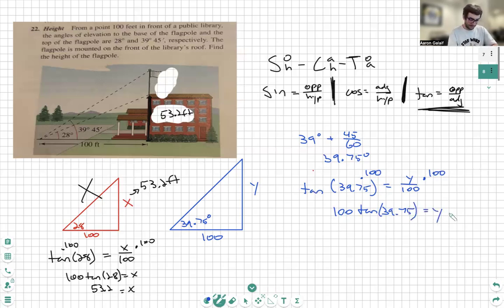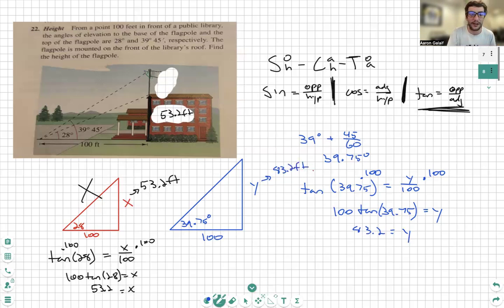We're just going to plug that in. 100 tan 39.75. We get y equals 83.2. Perfect. So that is now going to be 83.2 feet.